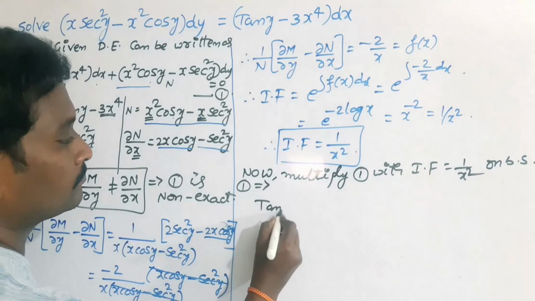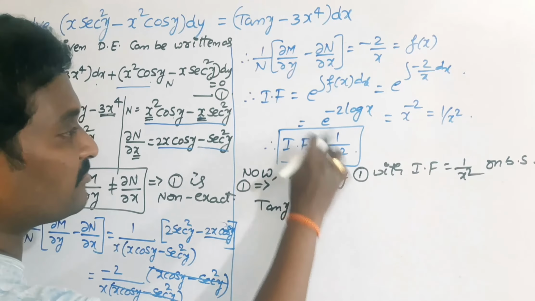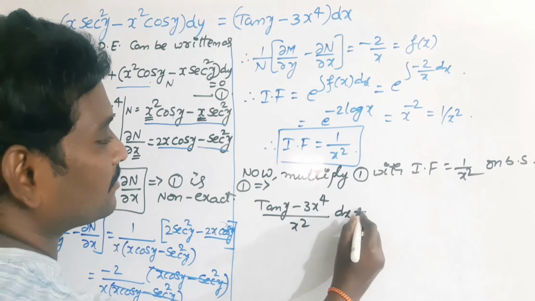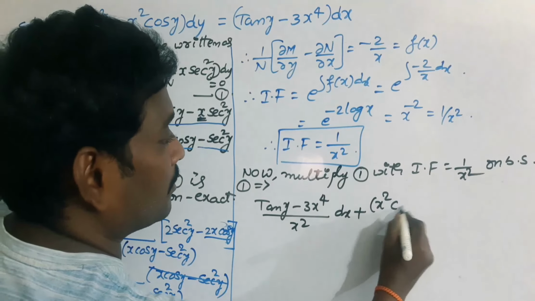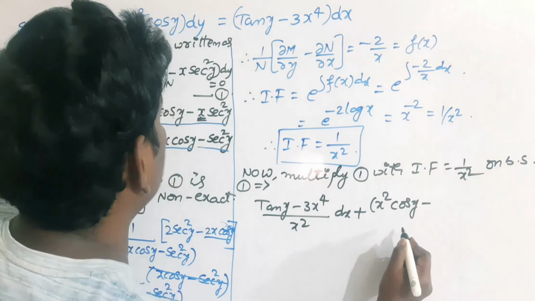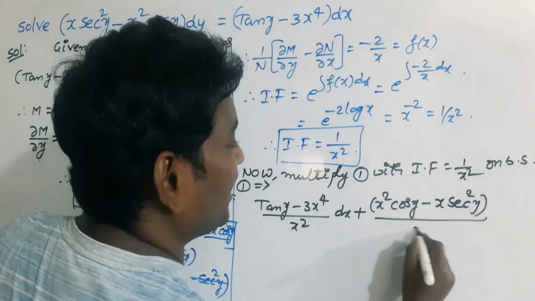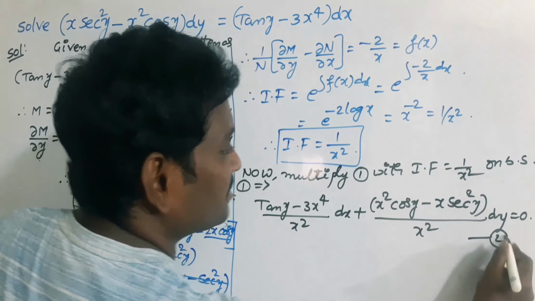Tan y minus 3x power 4. And we are multiplying with 1 by x square. That's why 1 by x square is there. Into dx. Plus, write the second term. (x square cos y minus x into secant square y) whole by x square into dy is equal to 0. Take it equation number 2.